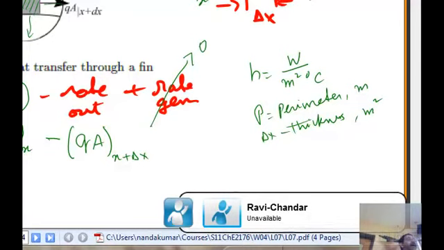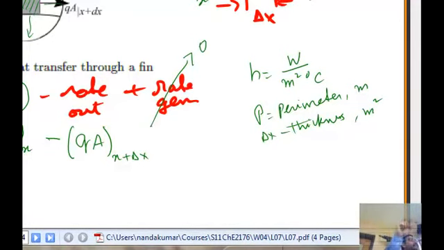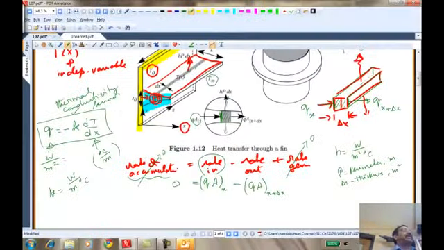If I have a fin that has a uniform thickness, then it will be the same. But if I have a fin that is tapered, then it will be different. The left hand side area will be different from the right hand side area. That is why I am putting it inside the parenthesis, to say that A of X could be different from A at X plus delta X. What should be the units of these terms? Watts or joules per second, because these are rate expressions.